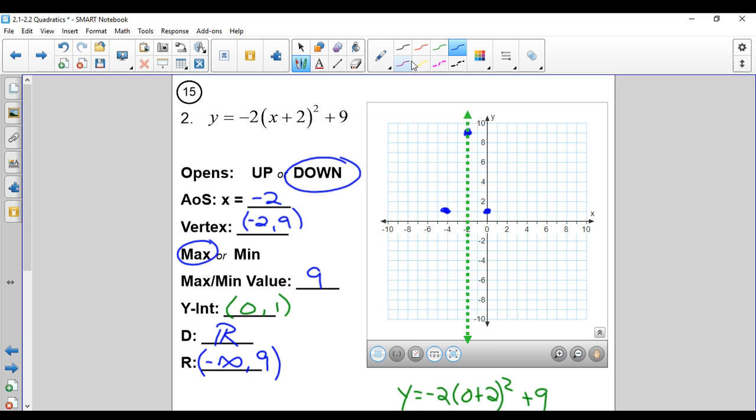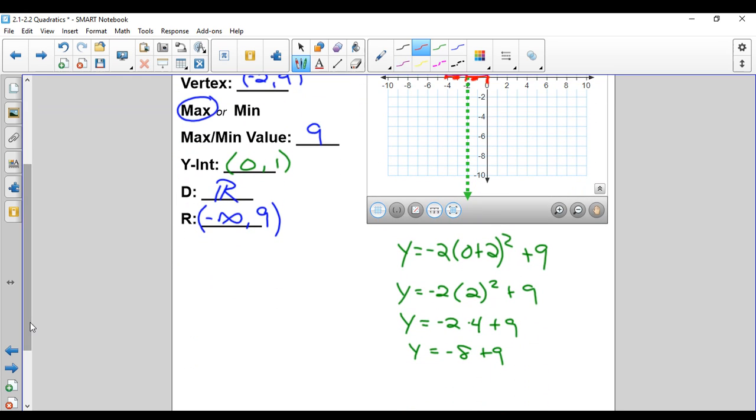Now I need a fourth and a fifth point. My suggestion is, again, stay within a tight window. There is an x value on either side that we can use. I'll use -1. So I'm going to find an extra point.